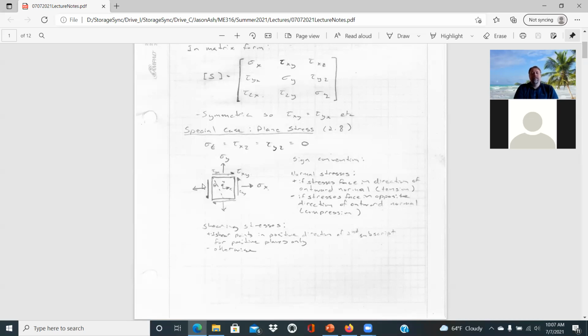If you cut it out at that same point in a different orientation, say on an X prime, Y prime plane, that would require different normal and shear stresses to establish that same state of stress on that chunk of the fuselage, just in a different orientation.